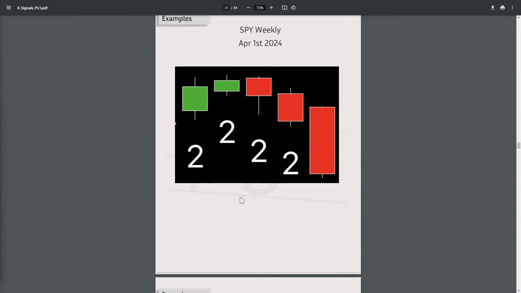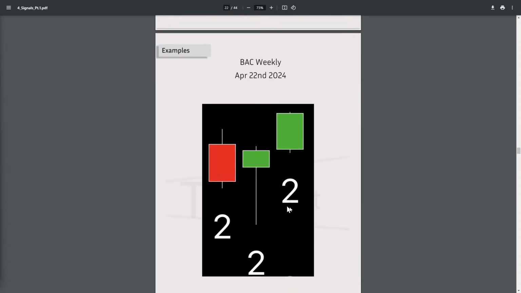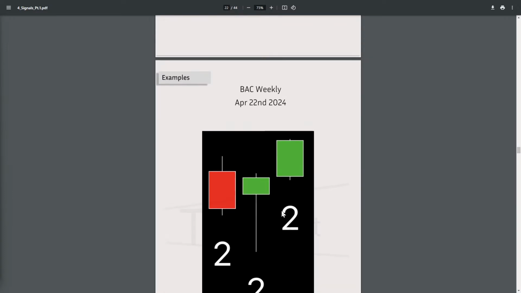And sometimes that just happens, especially in low volatility environments. But this is an example of a 2 down, 2 up reversal, and target being the top of the 2.